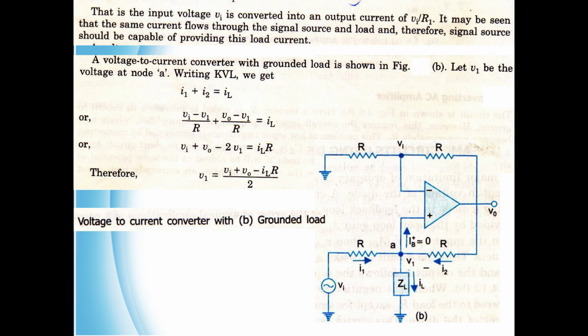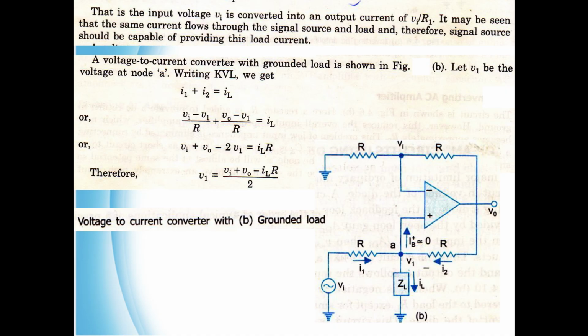Here let V1 be the voltage at node A. Writing KCL at that node, we get I1 plus I2 equal to IL, or I1 is nothing but VI minus V1 divided by R, plus I2 is V0 minus V1 divided by R, that is equal to IL.